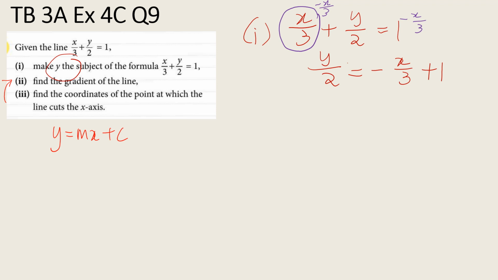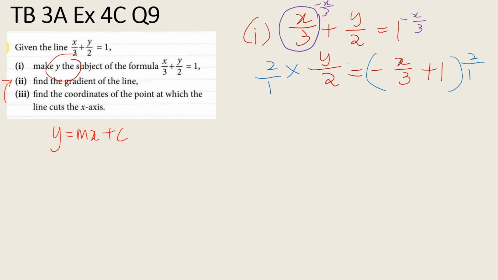Then the next thing is that I need to make y the subject. There are several ways of doing it. One quite efficient way is to multiply by 2 over 1 on both sides of the equation.